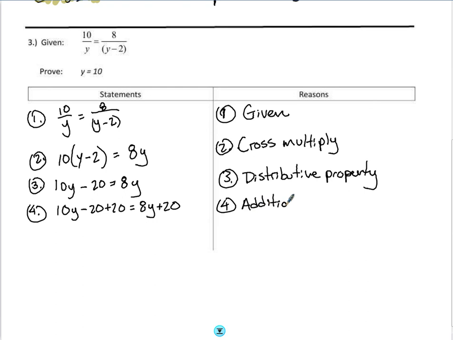And let's also get the y's on the same side, so let's use our subtraction property. We'll do 10y minus 8y is equal to 8y minus 8y plus 20.